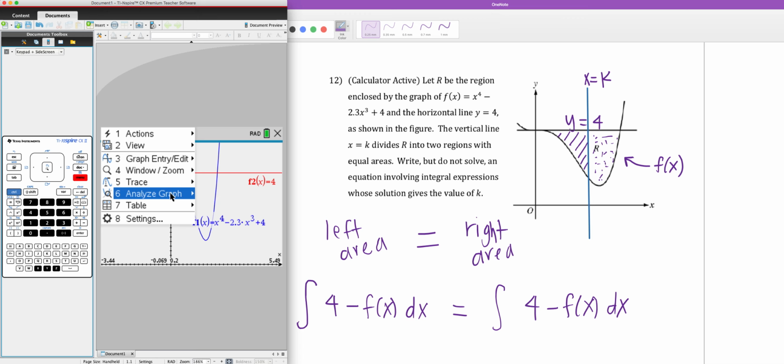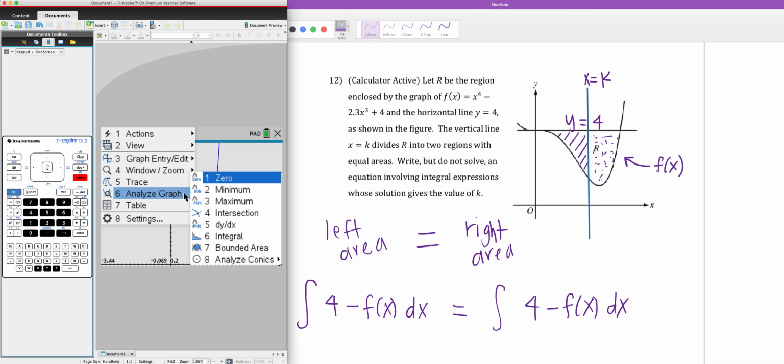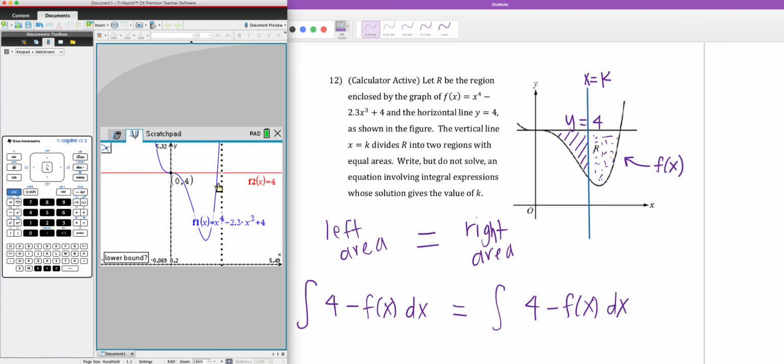Analyze graph, intersection again. Click to the left, click to the right, and I get 2.3, 4. Now I want to make sure I have enough digits, so I'm going to store this value. I'm going to go Control var. I can store it as A since I cleared. I get 2.3. So let's record some of this over here on our course reader.